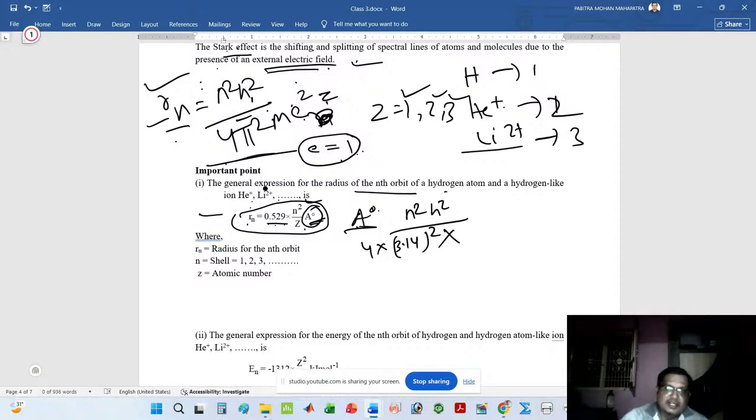So here a sentence is written: that is the general expression for the radius of the nth orbit of a hydrogen atom and hydrogen-like ion. Hydrogen-like ion means the ions having only one electron.